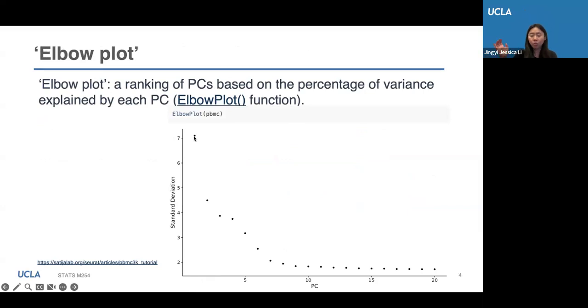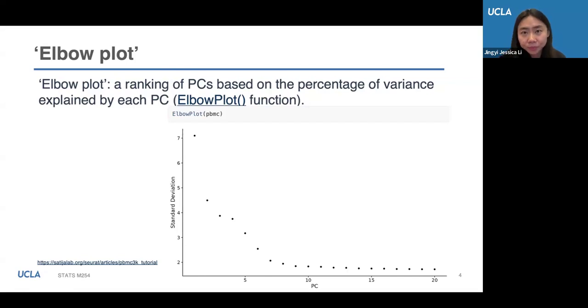So basically, when we say PC, we mean that the original n data points, say n cells, are projected into the PC space. So PC1 is essentially an n-dimensional vector, and the values in the vector correspond to the n cells.